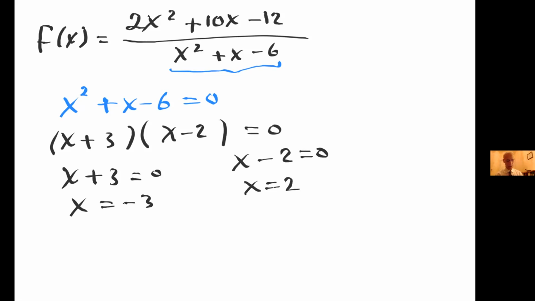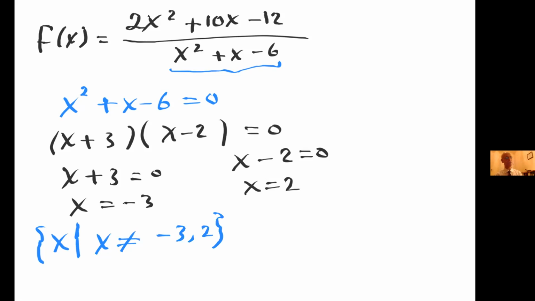So what is the domain of this function? The domain of this function is the set of all real numbers, okay? Or in some textbooks, they say the set of real numbers x such that x cannot equal −3, 2.